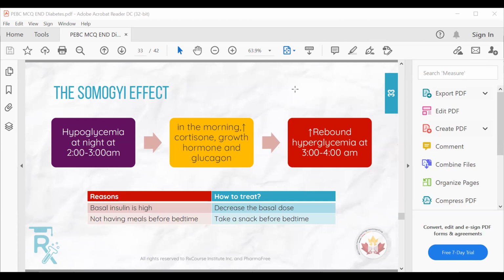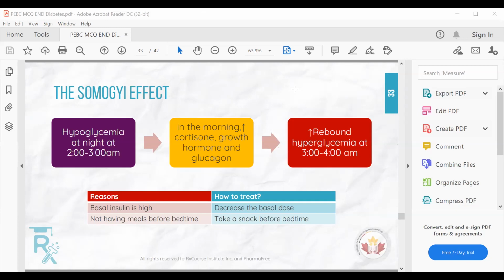The body will try to increase the glucose level by increasing the amount of hormones that contribute to increasing your blood glucose level. This will lead to a rebound hyperglycemia later in the early morning.